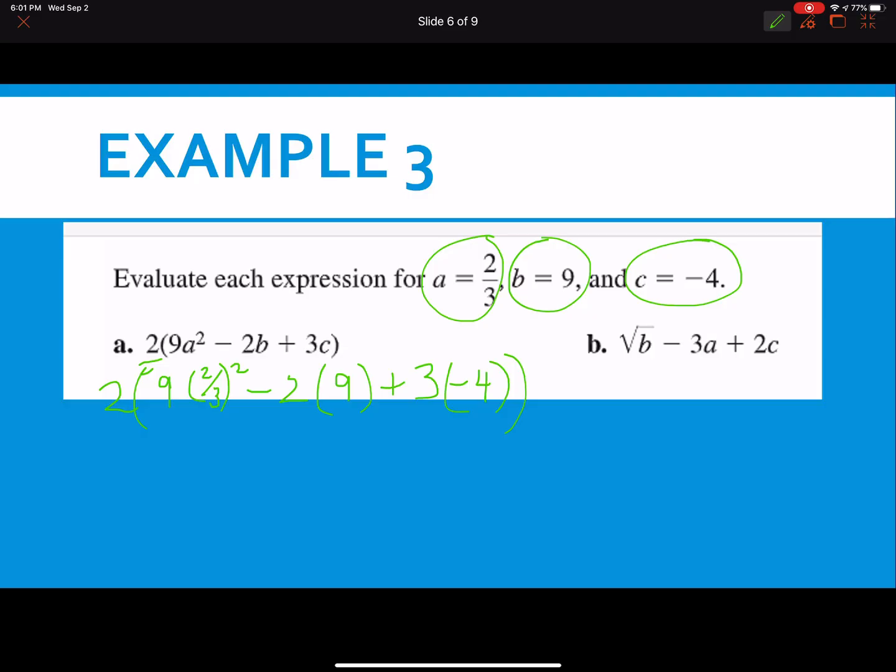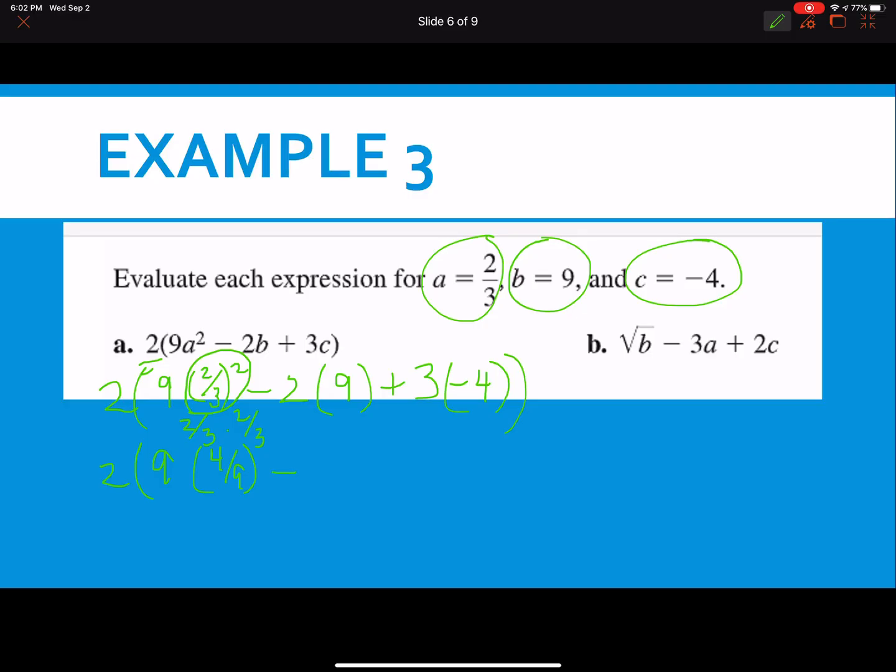Now I'm simply just going to work from left to right, working out what I need to do after I solve this part right here. So 2/3 squared, I'm looking at 2/3 times 2/3. So now I have 9 being multiplied by 4/9.